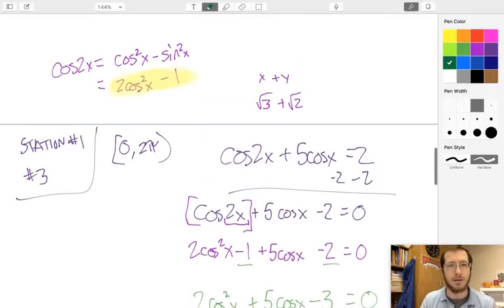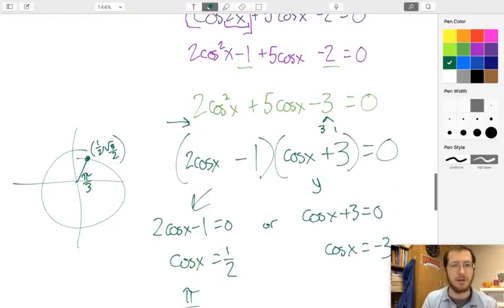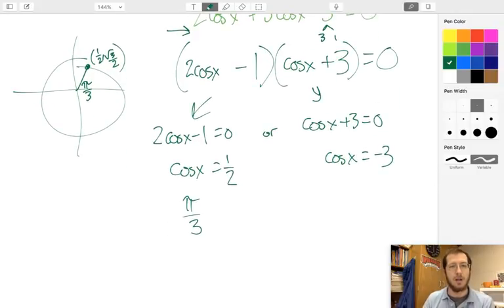And again, the directions said for angles between 0 and 2 pi. So we're looking for another angle with the x value of 1/2. So if we follow that down, then we're going to find this guy here, which is, let's see, 1 pi over 3, 2 pi, 3 pi, 4 pi, 5 pi over 3.